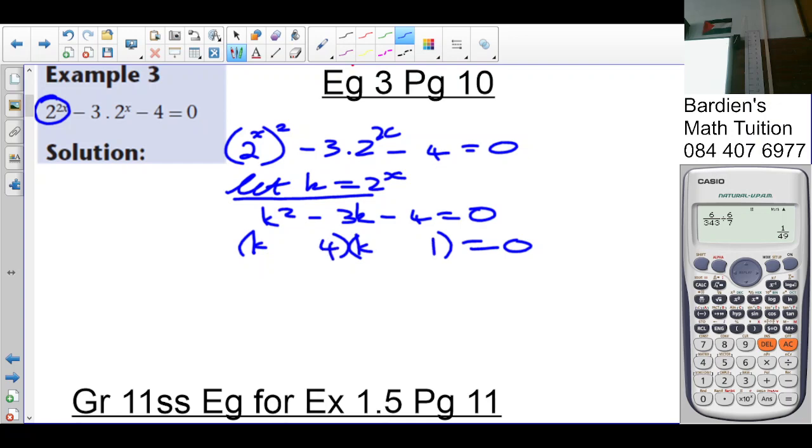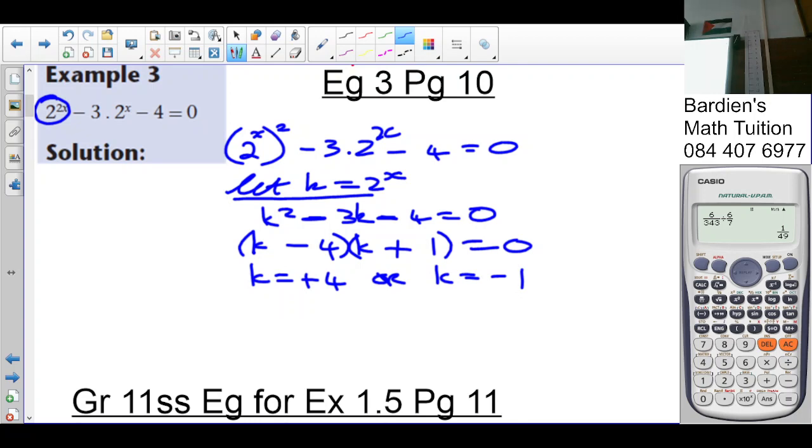Otherwise, we use the basic factorization rules. According to the factorization rules, if the last term is negative, one must be plus, one must be minus, and the sign of the middle term will be on the bigger product. So it's going to be negative 4 plus 1. So we solve the two solutions. So k is equal to positive 4, or k is equal to negative 1.